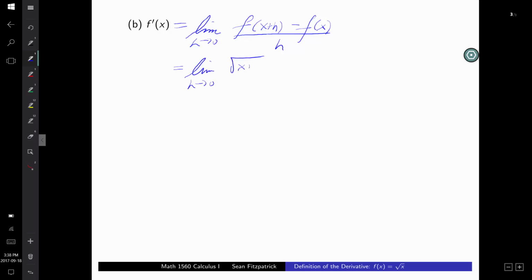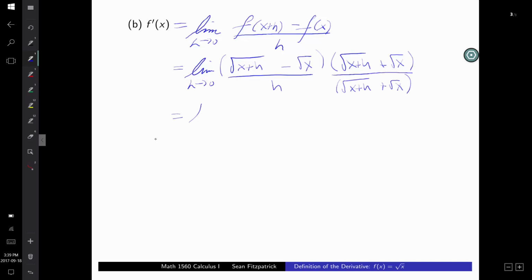So the square root of x plus h minus the square root of x over h. And again, I'm going to need to rationalize, so let's do it right here on this line. I'm going to multiply by root x plus h plus root x, and I'm going to do that top and bottom.